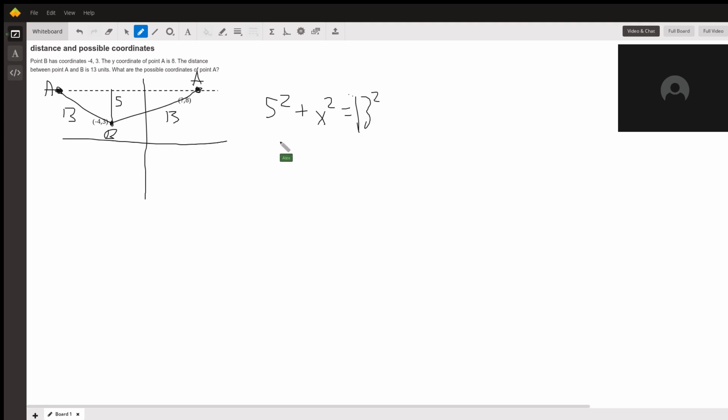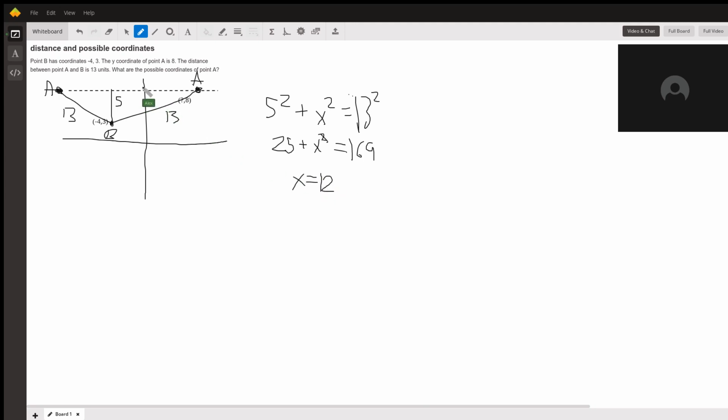So 25 plus x squared equals 169. 169 minus 25 is 144, and the square root of 144 is 12. So that means x equals 12.